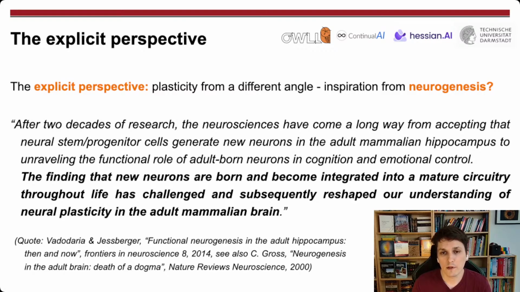Interestingly here, and we can read out the quote, it says, after 2 decades of research, the neurosciences have come a long way from accepting that neural stem progenitor cells generate new neurons in the adult mammalian hippocampus to unraveling the functional role of adult-born neurons in cognition and emotional control. The finding that new neurons are born and become integrated into mature circuitry throughout life has challenged and subsequently reshaped our understanding of neural plasticity in the adult mammalian brain.